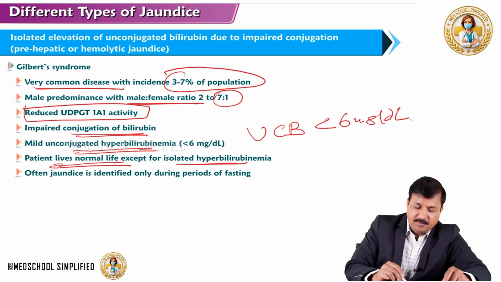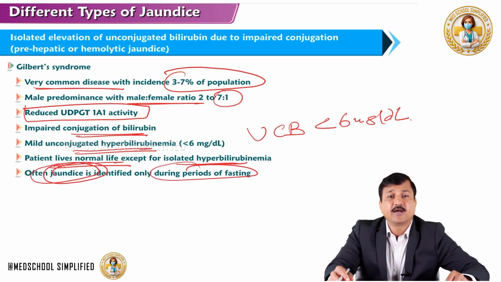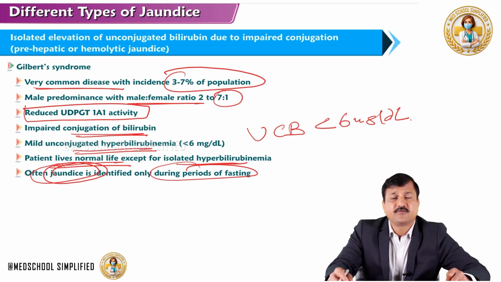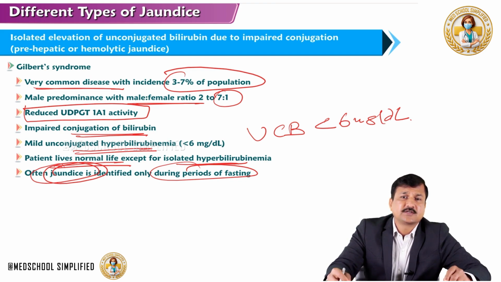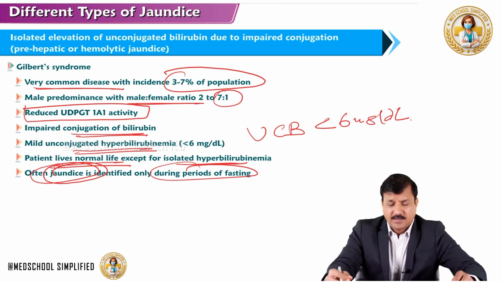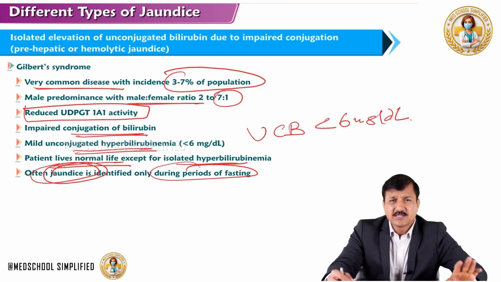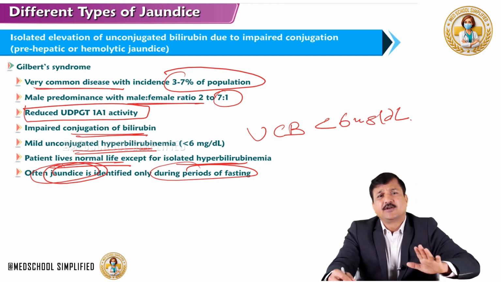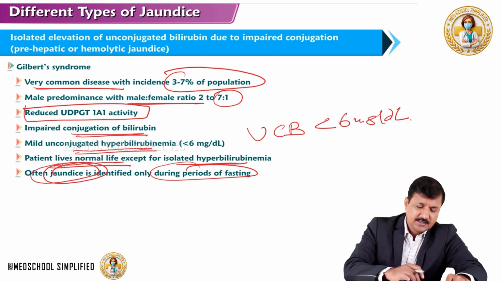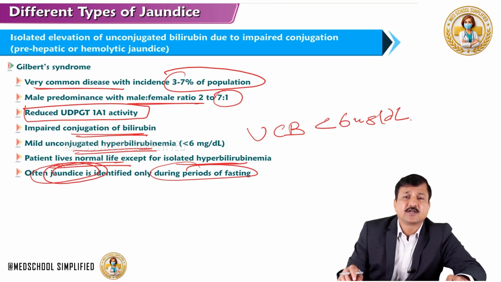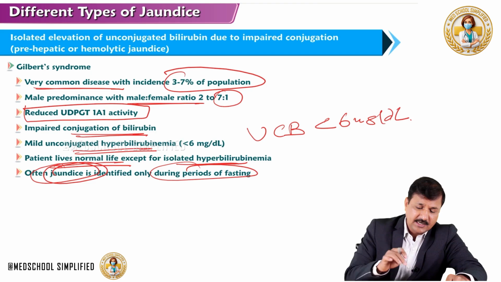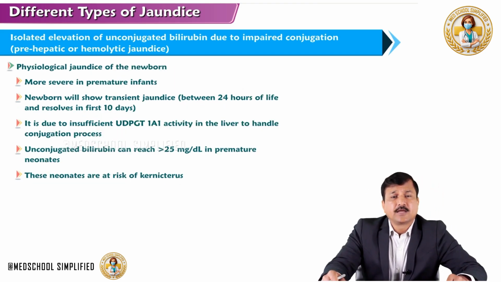Sometimes there may be jaundice seen in these patients, especially during periods of fasting, because during periods of fasting there can be induction of cytochrome P450 type of enzymes, for detoxification process and other things. Because heme synthesis and all that will be induced during fasting condition, that may lead to elevation of jaundice. So that's about Gilbert syndrome.